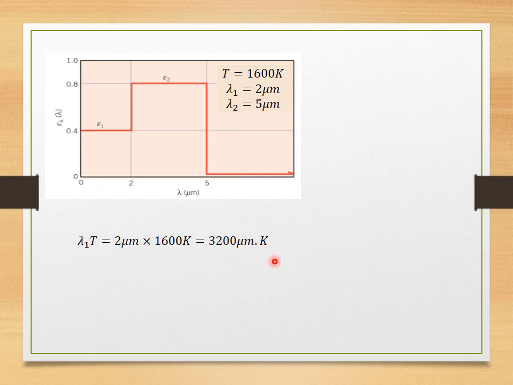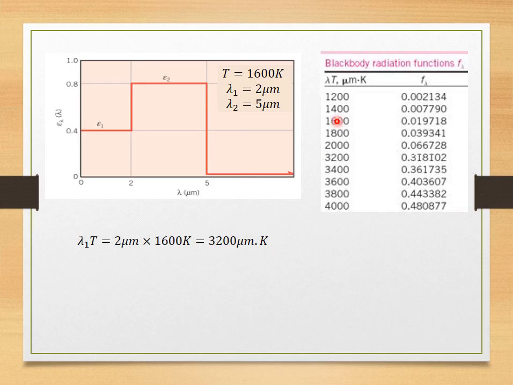Then by having this information we refer to the blackbody radiation function, and we can see that this 3200 micrometer Kelvin is somewhere over here, where F is 0.318102. So it's straightforward to get this number, this function of the blackbody radiation. And then with the same approach, we try to get the other number of the spectrum.